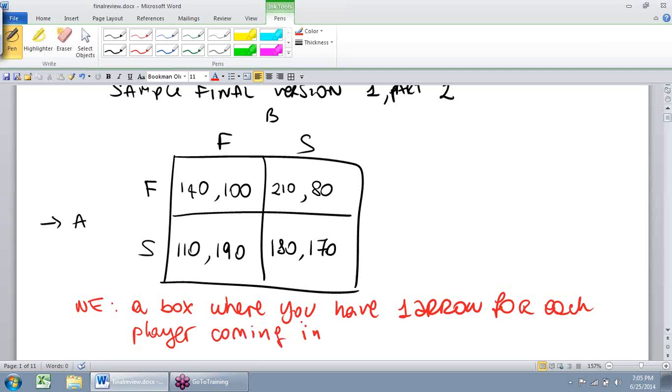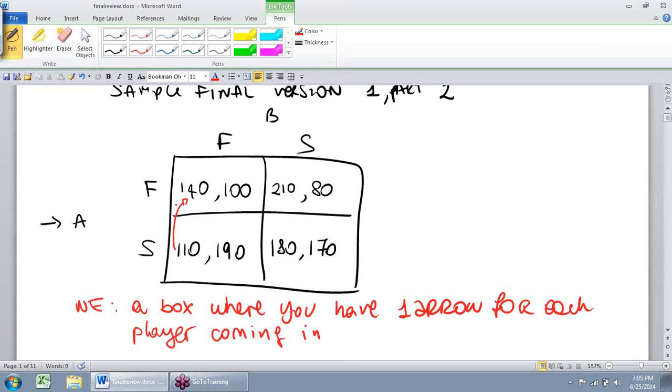So let's see here what happens. Let's start from player A. We have basically to consider 2 possible scenarios: what A would prefer to do if B were playing fight, and what A would prefer to do if B plays share. If B plays fight, A can choose fight and get 140, or share and get 110. 140 is greater than 110, so we have an arrow going from share to fight for player A. The second possible scenario is that B chooses share.